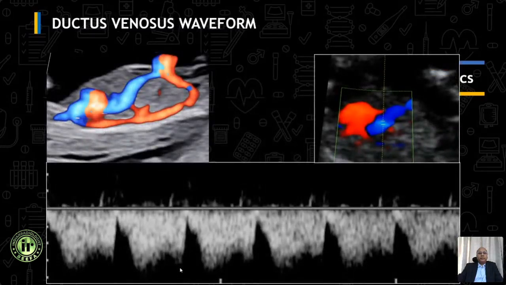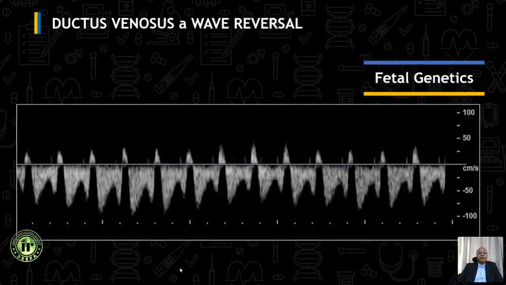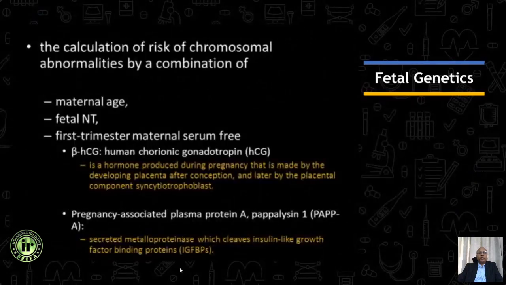This is a normal ductus venosus waveform with a forward flow during the atrial contraction, that is, the A wave is always forward. And this is an abnormal ductus venosus showing a reversed A wave, or A wave reversal, which is a marker for aneuploidy. So these are the common four aneuploidy markers, which give us an indication that this fetus could be at a higher risk for aneuploidy.